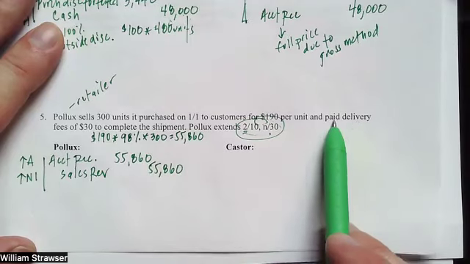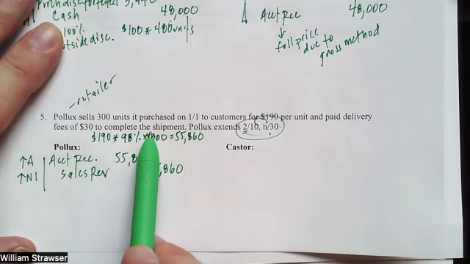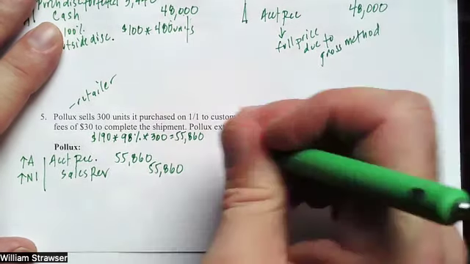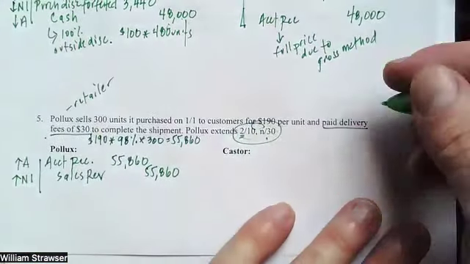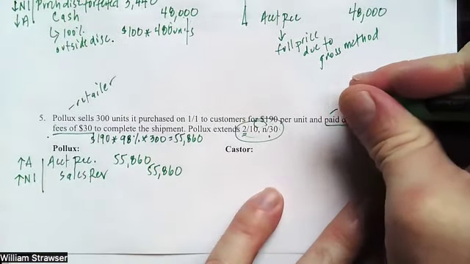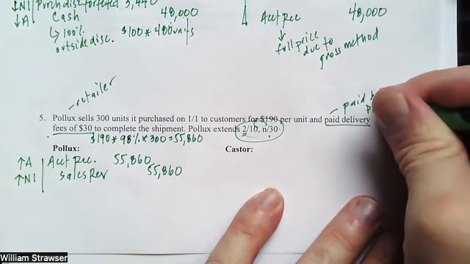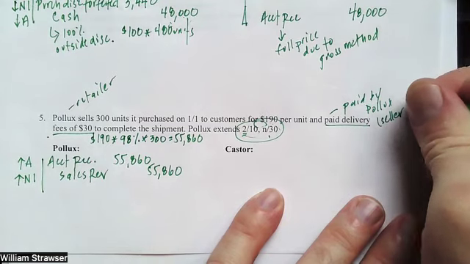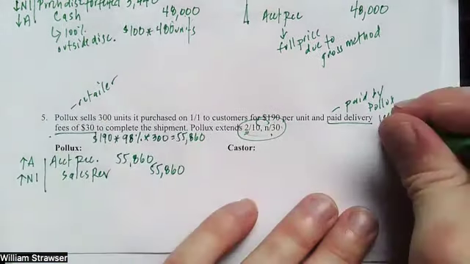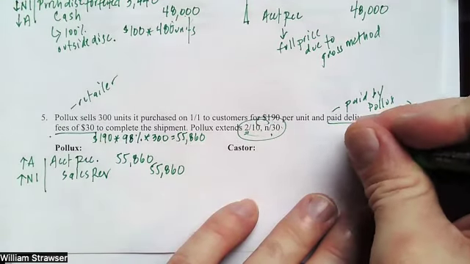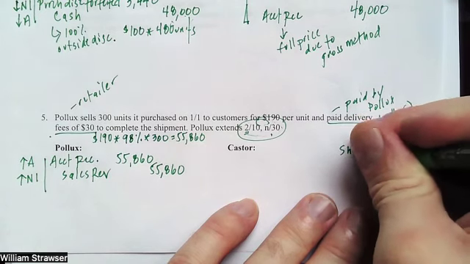If Pollux is paying delivery fees of $30 to ship to its customers, so these are delivery fees paid by the seller. They're paid by Pollux, who is the seller, because it's selling to customers. Then it's not freight in anymore because freight in implies it's coming to us in, but this is freight out. So really what it becomes is shipping fees.